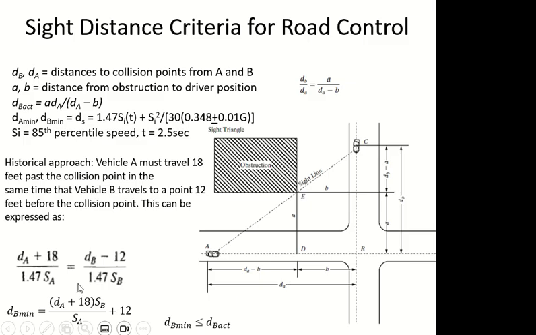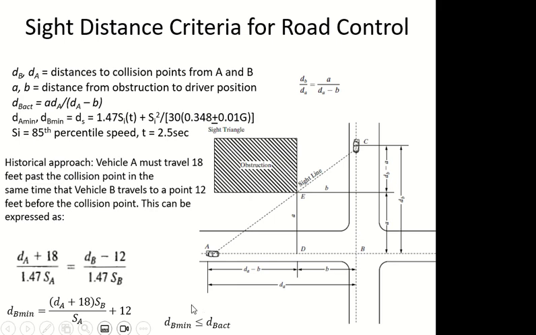They have put these numbers 12 and 18; these are empirical numbers. So the driver will be in front of the conflict point by at least 18 feet, and the driver who will stop will stop at least 12 feet behind the conflict point.